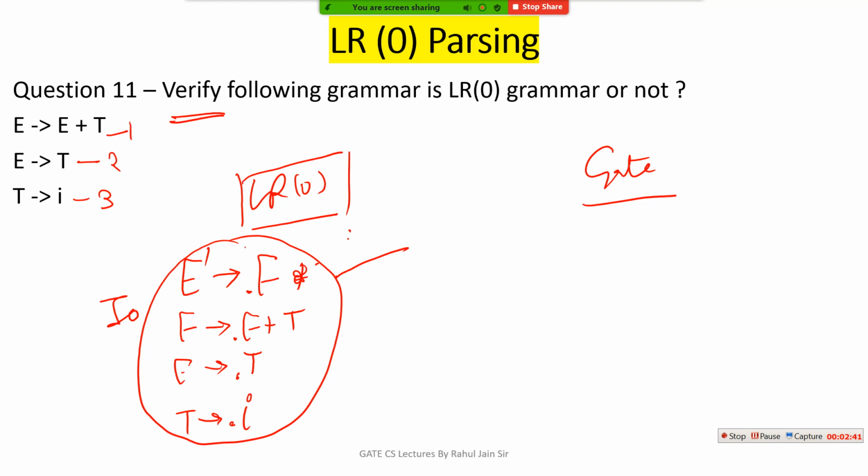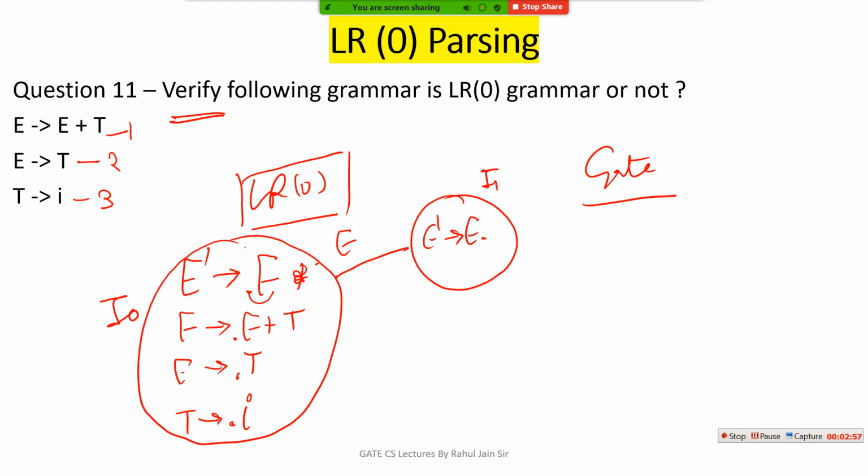From I0, if I traverse on E, E' will derive E with the dot moved one position to the right. This is my state I1.